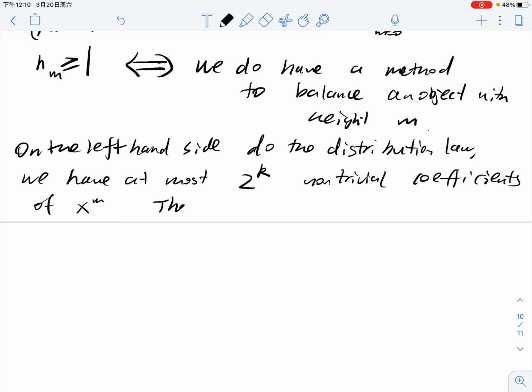Then 2 to the k's power minus 1 should be at least as many as m.